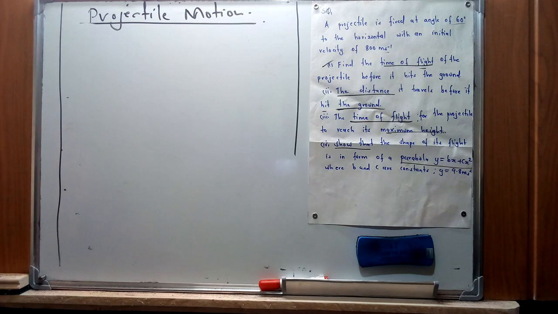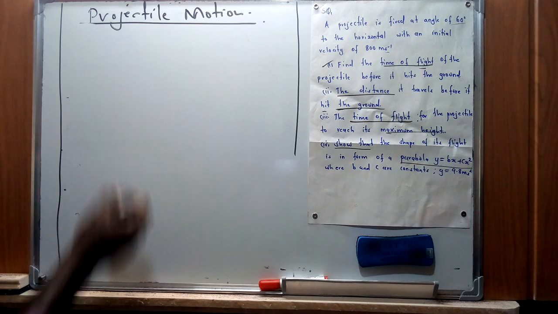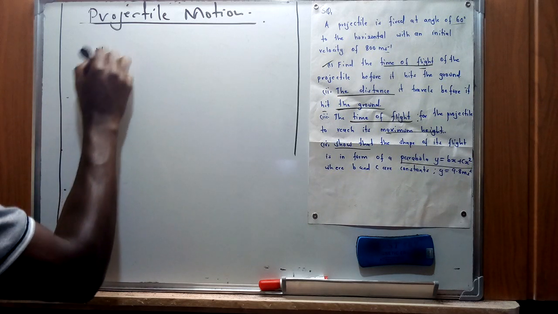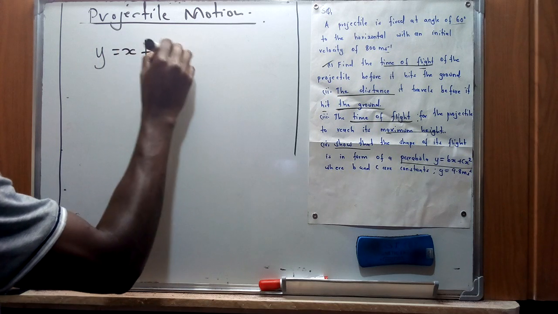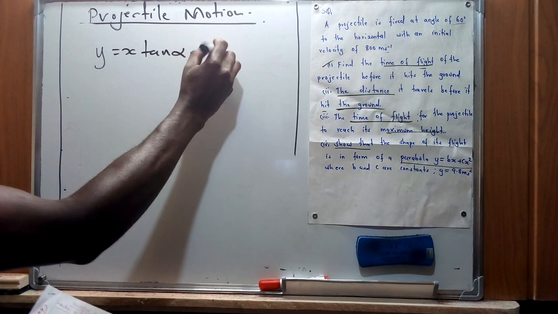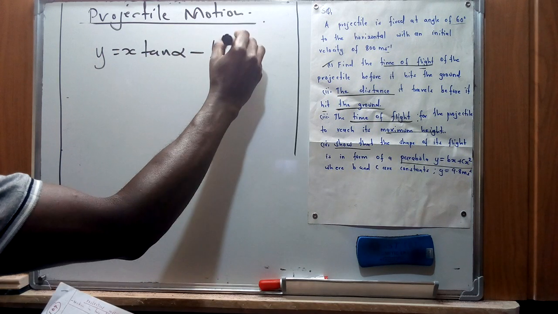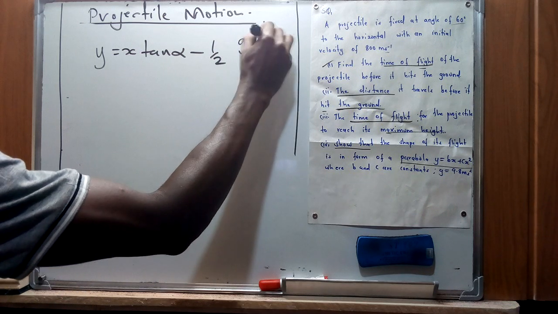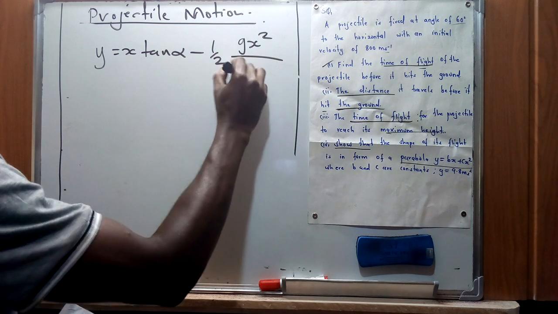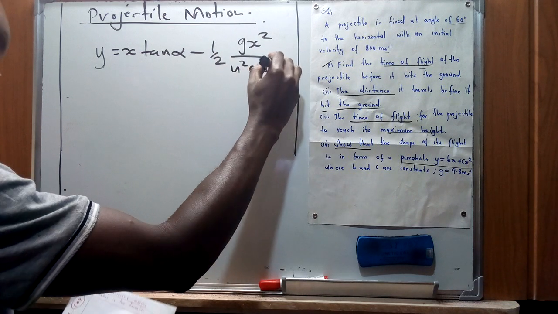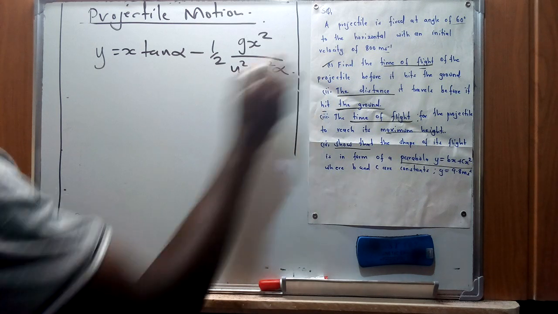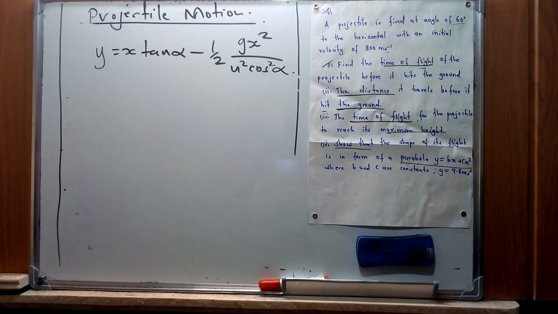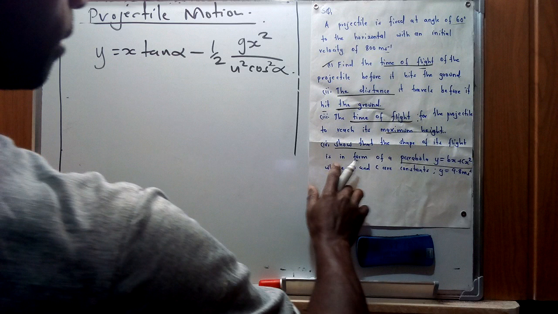Now we said that the equation for that parabola can be represented using y equals x tan alpha minus a half g x squared over u squared cos squared alpha. So we are being requested to show that the shape of the flight is in the form of a parabola.